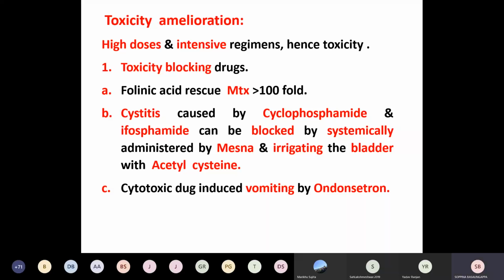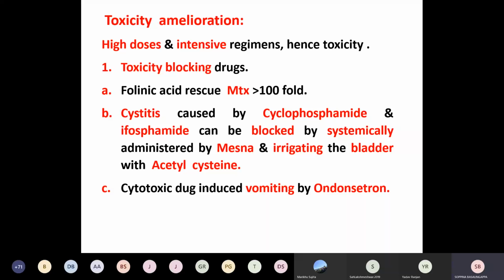That cystitis can be blocked by giving systemically a drug called mesna. So, systemic administration of mesna and irrigating the bladder with acetylcysteine. You wash the bladder with acetylcysteine. By doing so, you can prevent cystitis.